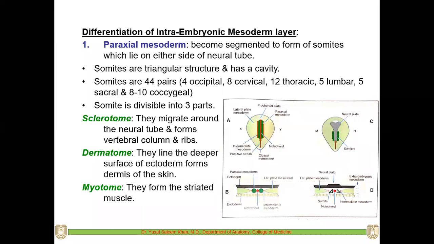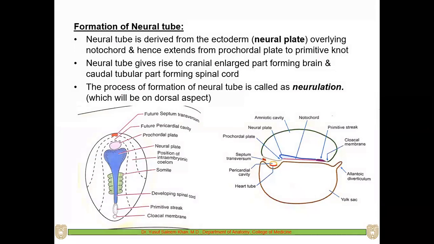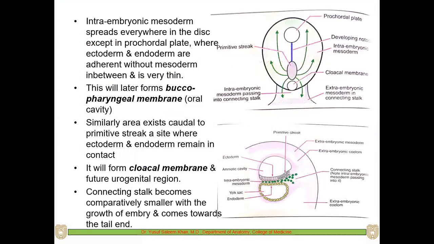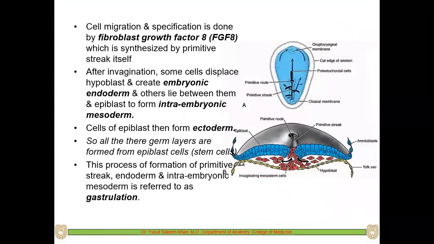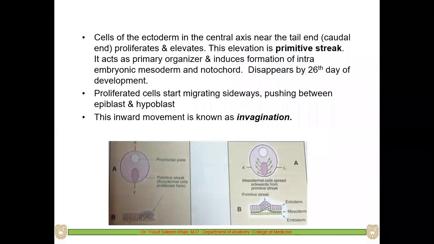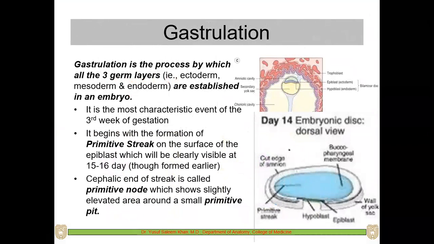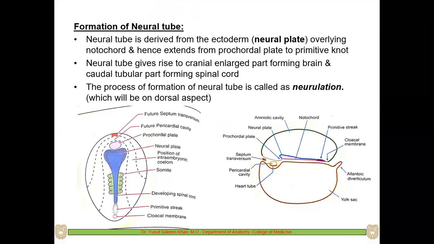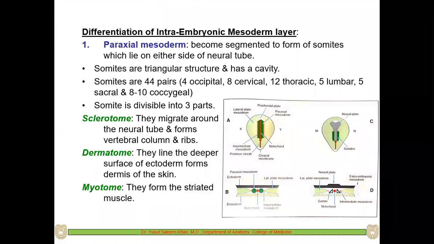Mesoderms are divided into two types. One is the extra-embryonic and the intra-embryonic. If you remember, there was formation of the extra-embryonic mesoderm. We were studying the mesoderm before. That was the extra-embryonic mesoderm. In the second week of development, whatever mesoderm we were talking about, that was the extra-embryonic mesoderm.